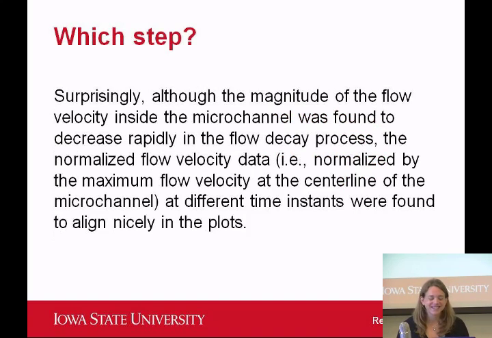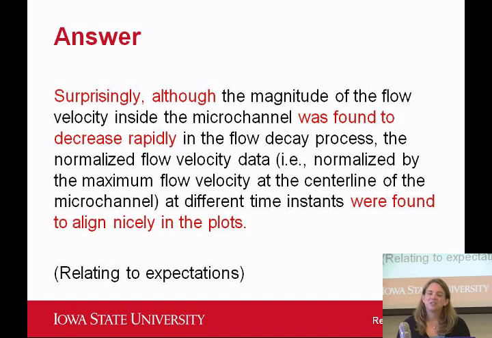Okay, let's look at this one together. It says, "Surprisingly, although the magnitude of the flow velocity inside the microchannel was found to decrease rapidly in the flow decay process, the normalized flow velocity data, i.e. normalized by the maximum flow velocity at the center line of the microchannel, at different time instants were found to align nicely in the plots." Okay, so you can see here that this is an example of relating to expectations.